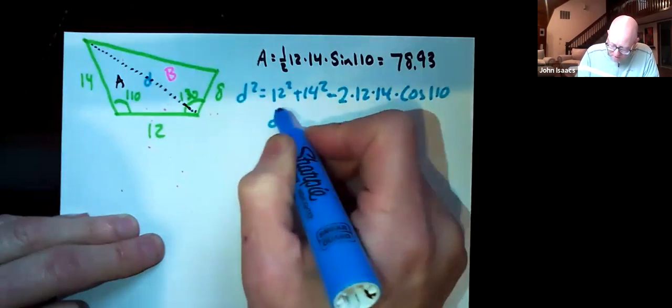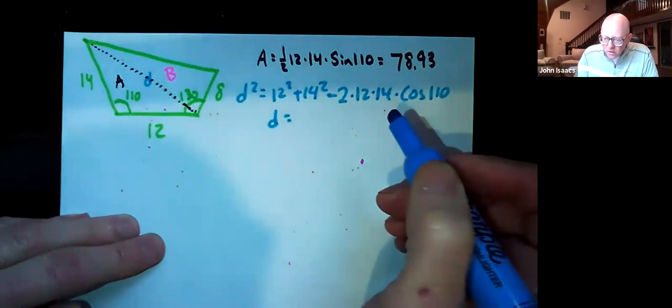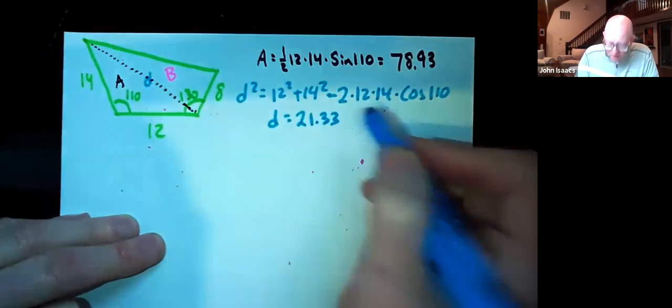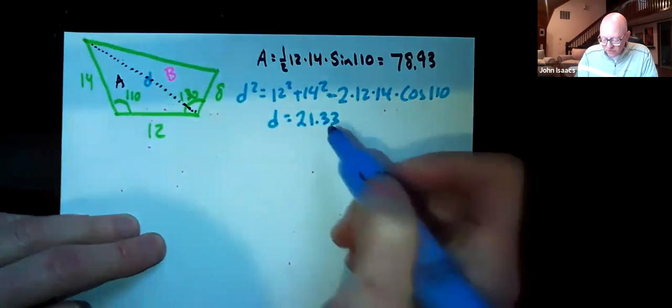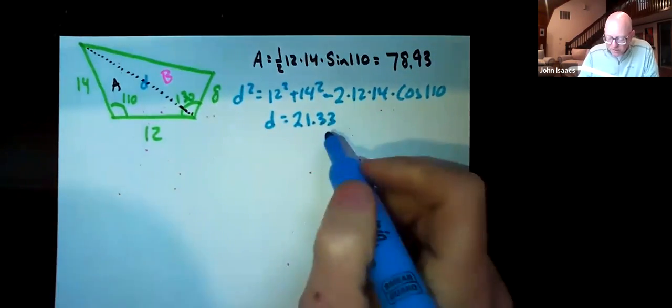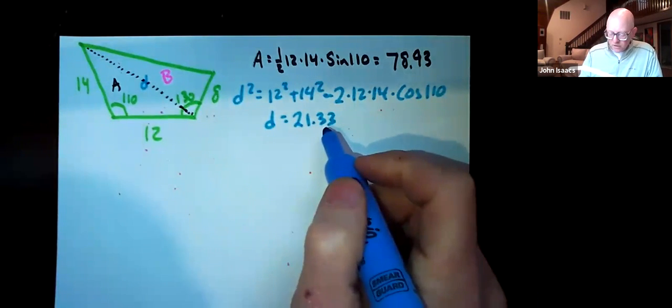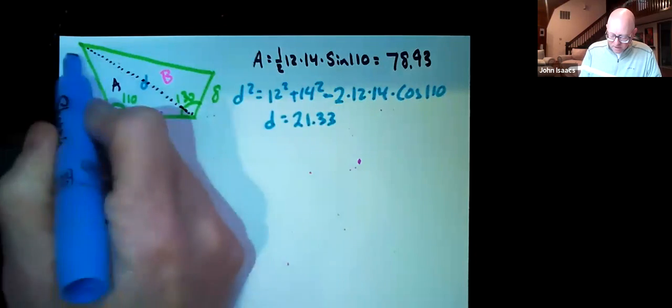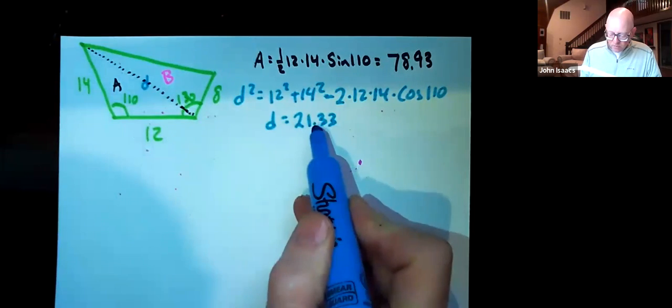And we come out with D equaling 21.33. Don't round these too much. If you start rounding this, you get lots of errors. Leave at least 2 decimal places. In fact, I prefer 3. I only use 2 decimal places this time, but 3 would be better. So that's the side that's going to be in B, 21.33.